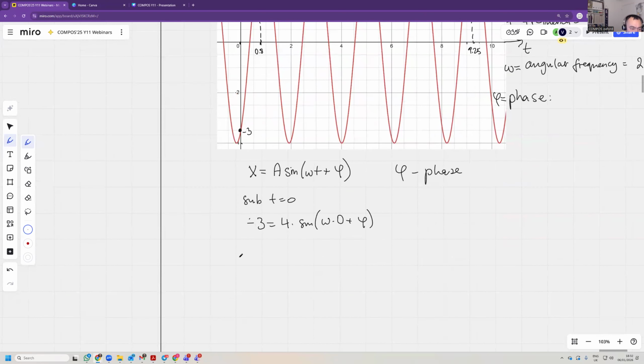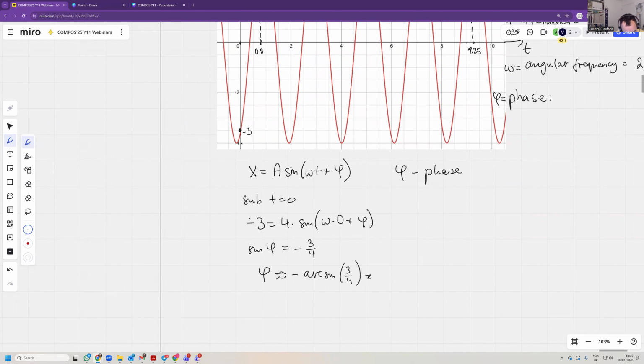Or in other words, sine phi is minus 3/4. So phi is approximately minus arc sine of 3/4, which is, well, we can do it in radians.